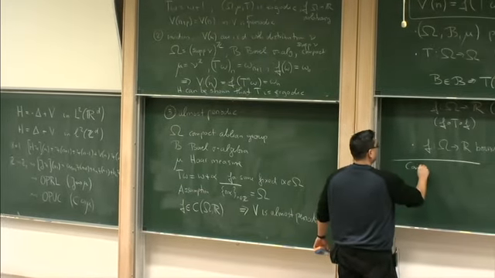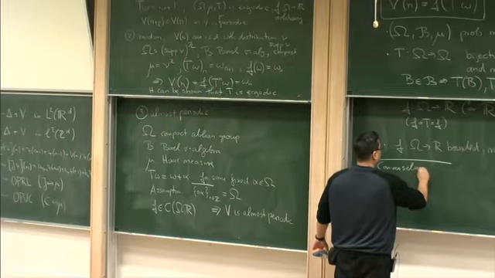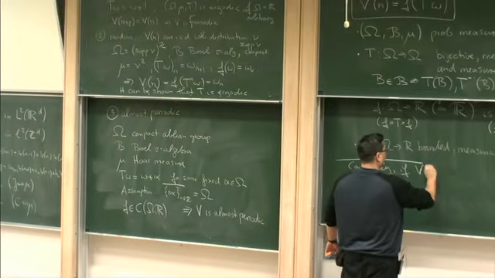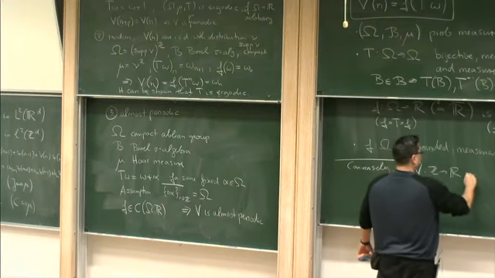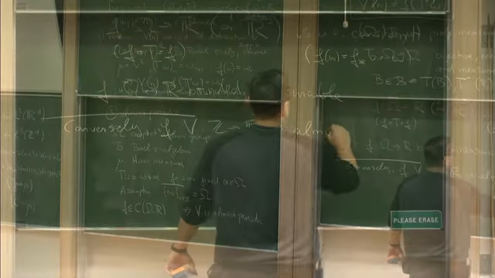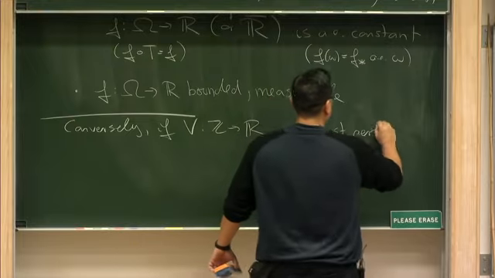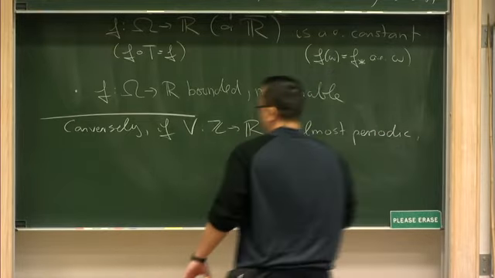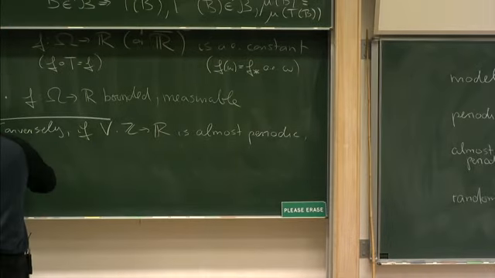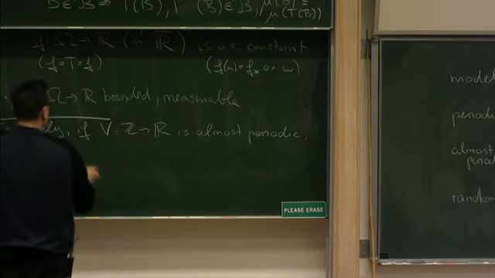So conversely, if V is almost periodic, then, so you take omega, I mean, there is a natural thing that you do.